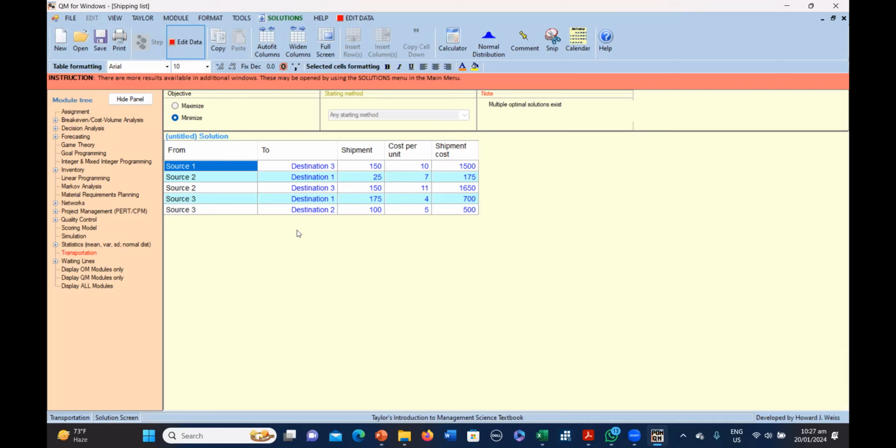Yeah, so you have to copy it. Where's your control key? Then you copy the demand and supply as well, the totals. Supply, copy from here and paste there. Demand, copy from here to here and paste it. And that's all.